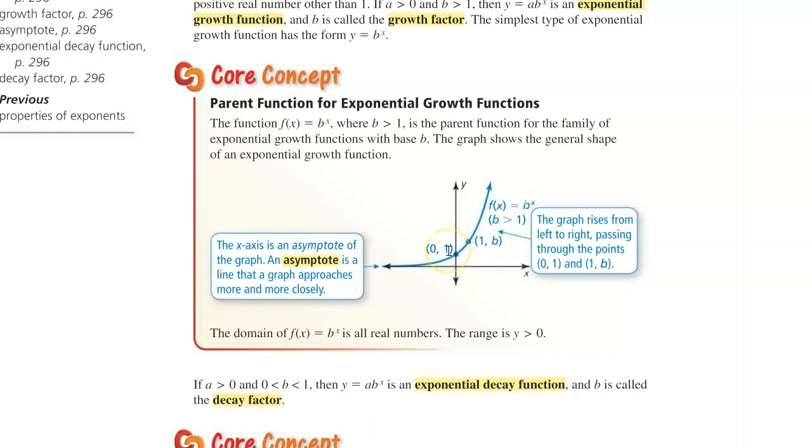What happens to the y value? Well, it goes from 1 to b by multiplication. So if b, for example, was 3, then you would multiply the first y of 1 times 3, and it would make the next y 3.